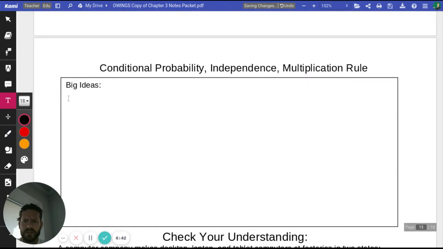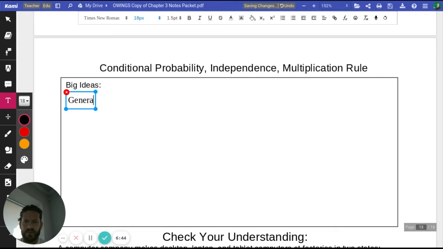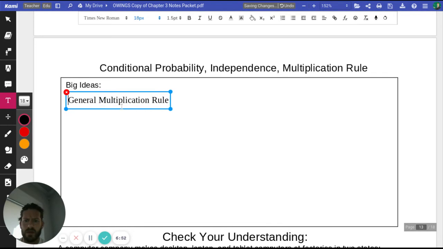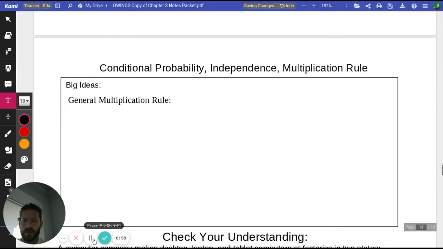All right, some general ideas on the next page. We have some big ideas, the general multiplication rule. And that's going to be basically what we were talking about with multiplying down the tree there.